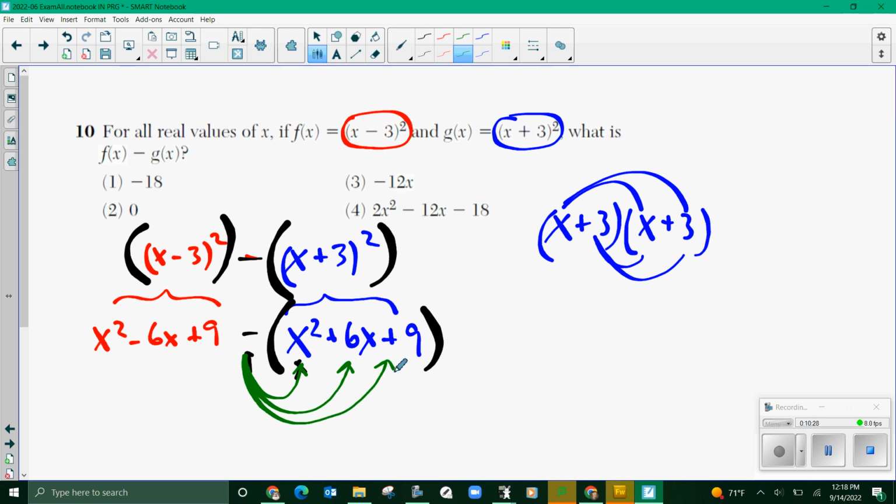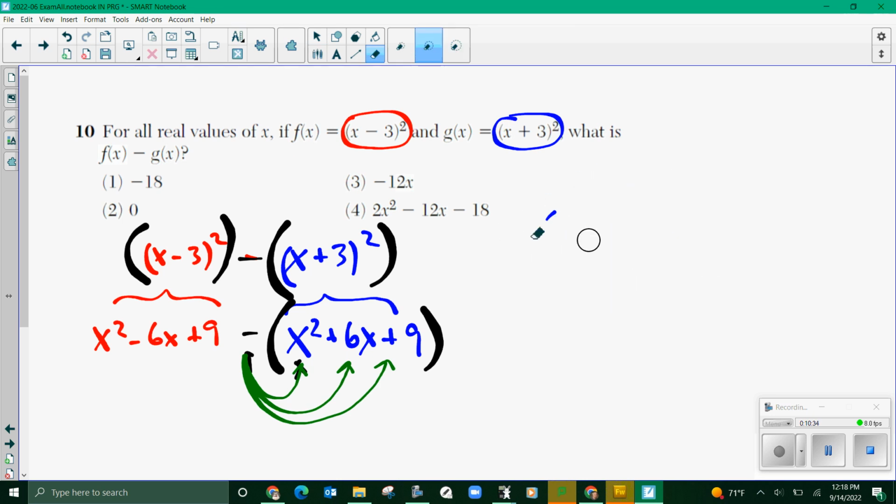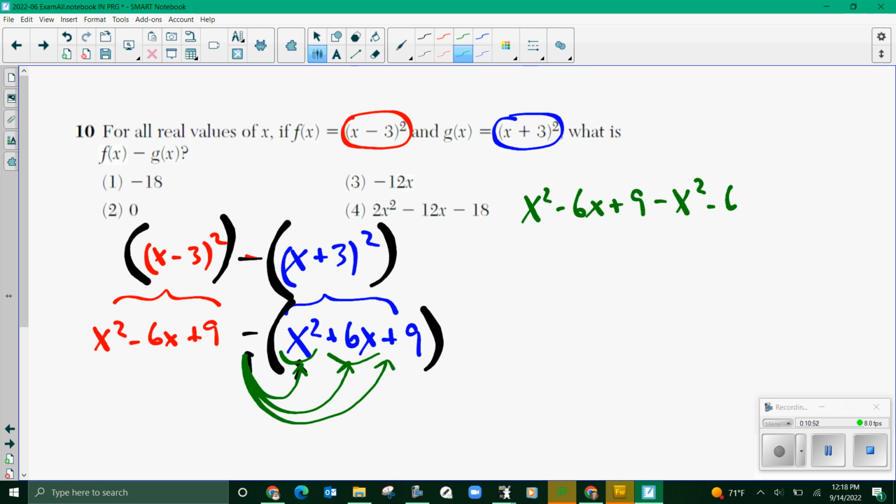Okay, so let me rewrite the problem after I do that distributing. I have x squared minus 6x plus 9. This will become a minus x squared when I distribute the negative to it. This will become minus 6x. This will become minus 9.